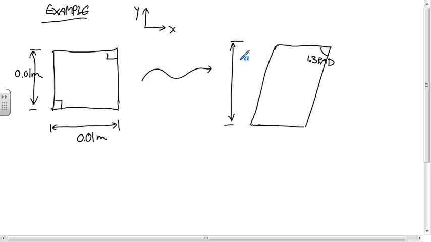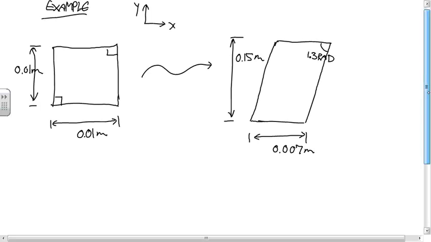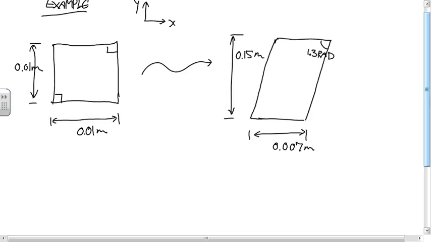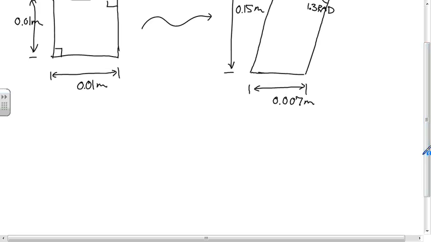Let's say that this is 0.15 meters, and let's say that this is 0.007 meters. Okay. All right, so first let's do the calculation, and then I'll talk about what I think the question that you were asking brings up.